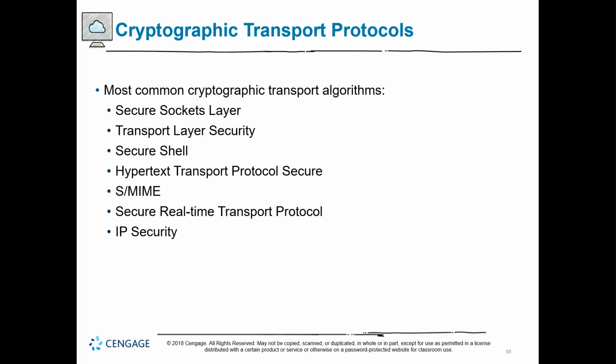We have other protocols used in communication, things like SSH, HTTPS, or Secure Real-Time Transport. Those are all dealing with the transportation of data. So it really all depends on what we're trying to do. That builds into the understanding of how each of these technologies actually secures the data.